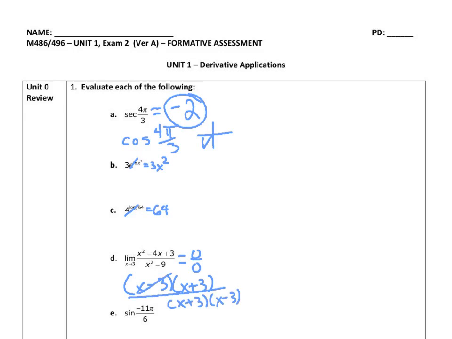Excuse me, it factors to an x minus 3, x minus 1 on top. Get rid of that. Go back to my pen. X minus 1. So now my x minus 3's cancel, and now if I plug in 3 to that limit, I get 2 over 6, or 1/3.